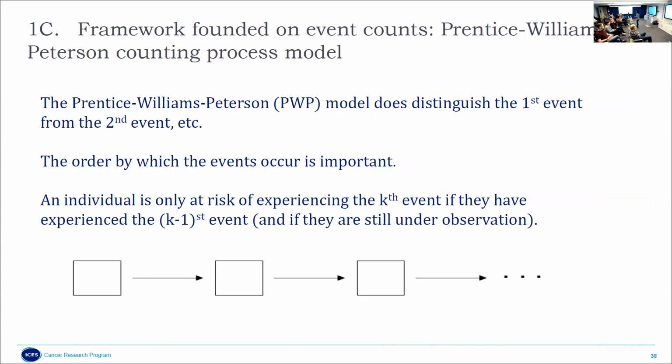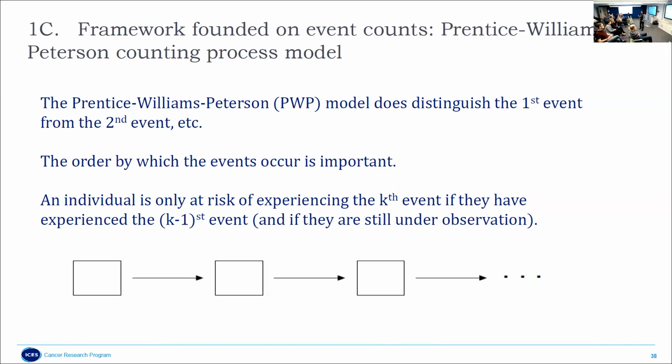In the PWP model, it's actually really interesting because you can get estimates for every transition that happens. Let's say I'm looking at age and sex, something really simple. It's possible that age and sex is associated with the first transition, but it's not associated with the second transition. Maybe it only matters for what happens in the immediate future, not the ones that are later on.